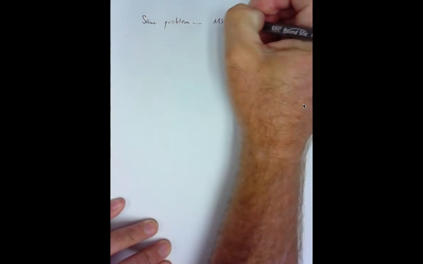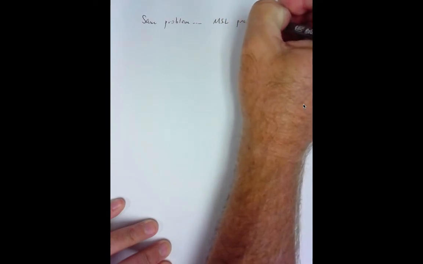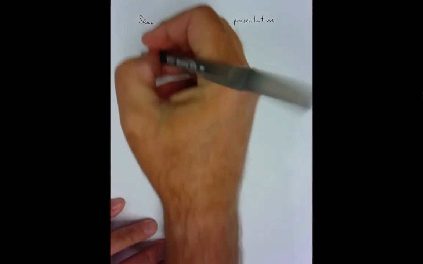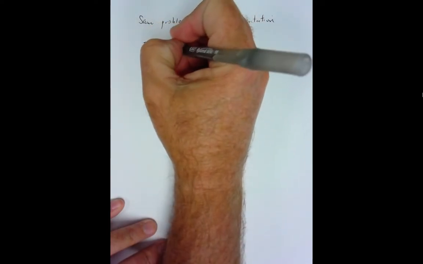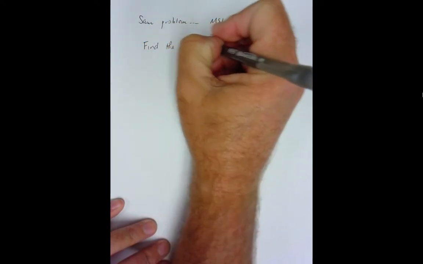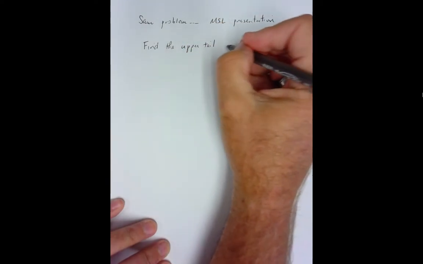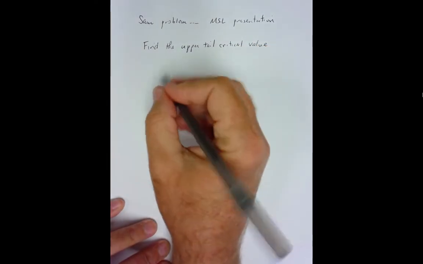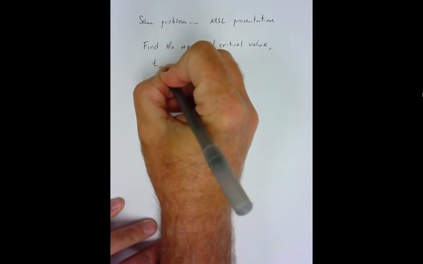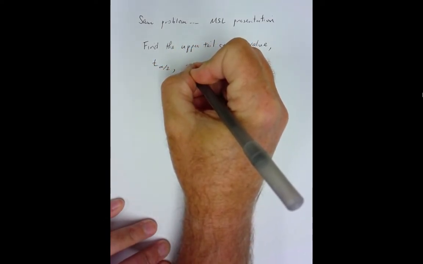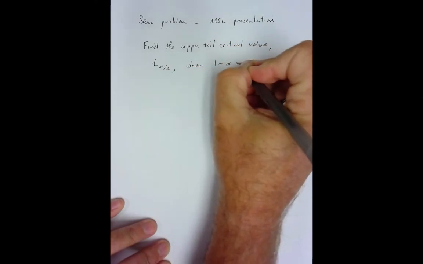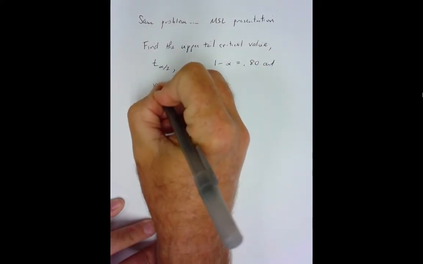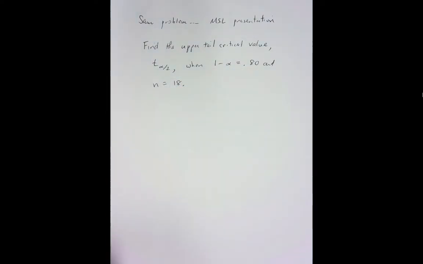The My Stat Lab presentation of that problem, the way it'll be posed to you, they will say, find the upper tail critical value t alpha over 2 when 1 minus alpha equals 0.80 and n equals 18.